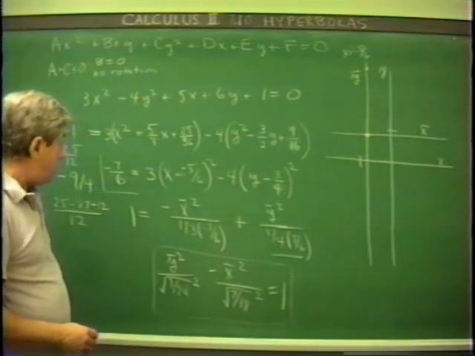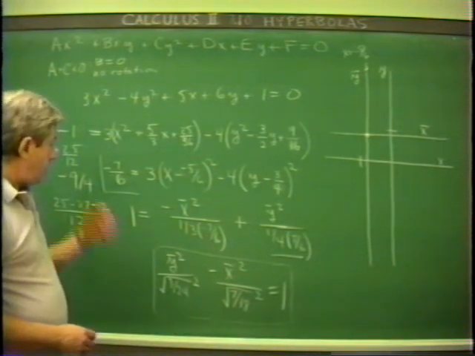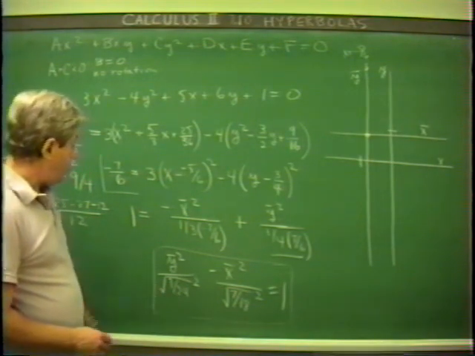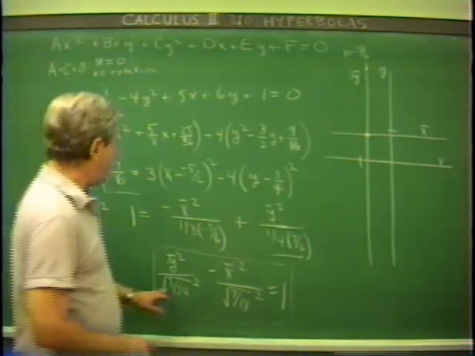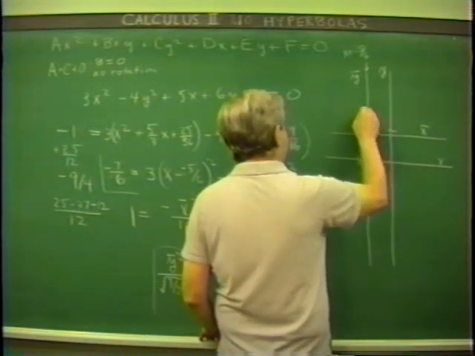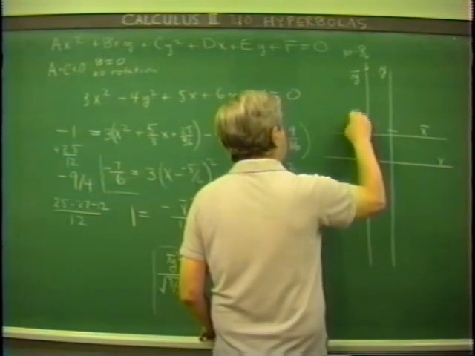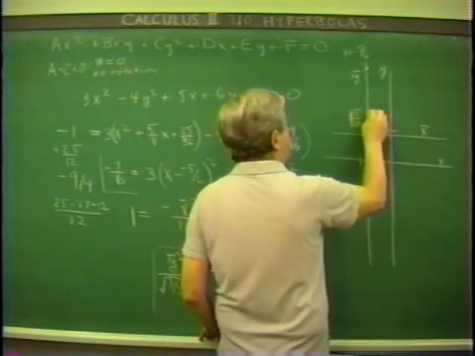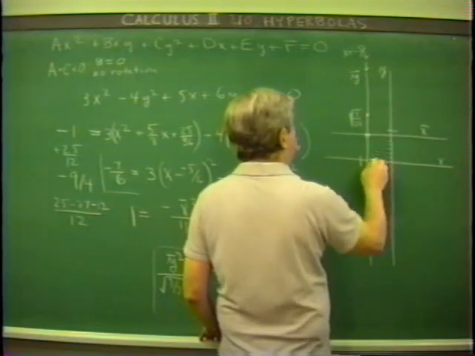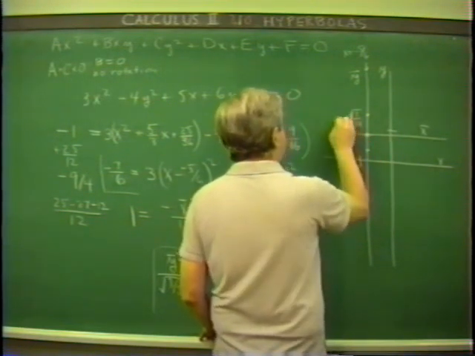Now, what happens to this? When x is equal to 0, y is plus or minus the square root of 7/24. Right? That's approximately a half. So in the y bar coordinate system, we go up here to the square root of 7/24, like so.